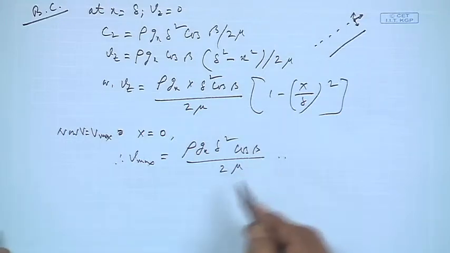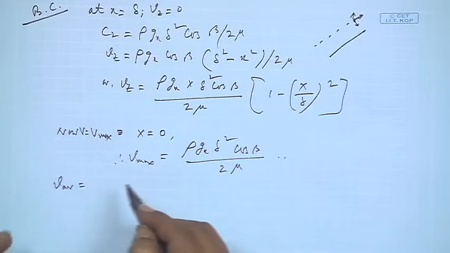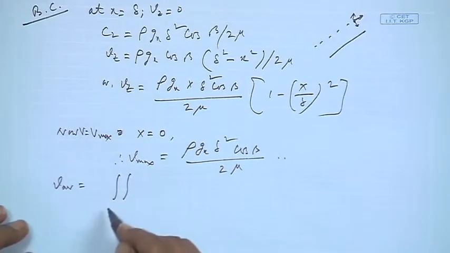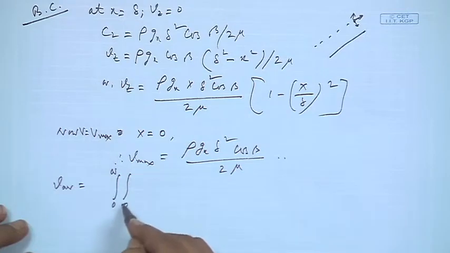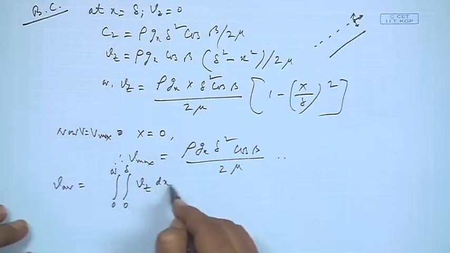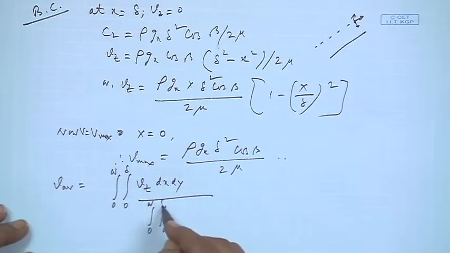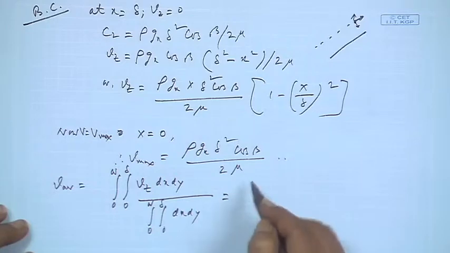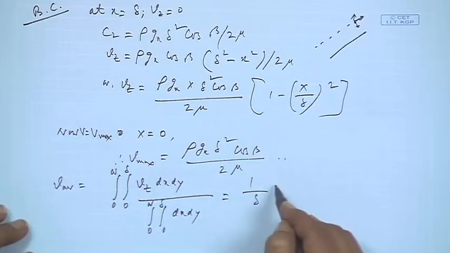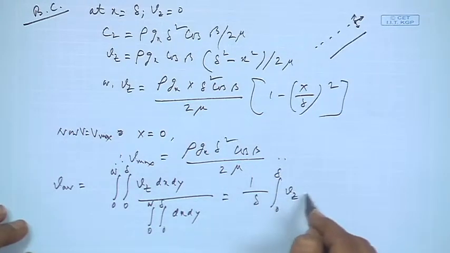So this is the maximum velocity. Now the average velocity, or V average, can be written, again, as the integral from 0 to W, 0 to del of Vz dx dy, over the integral from 0 to W, 0 to del of dx dy. This equals 1 by del, integral 0 to del of Vz dx.